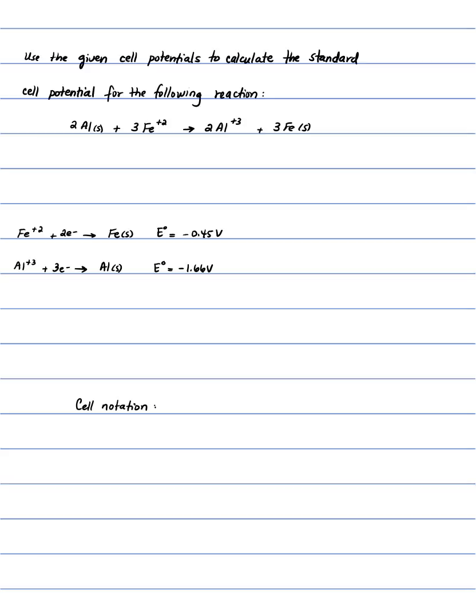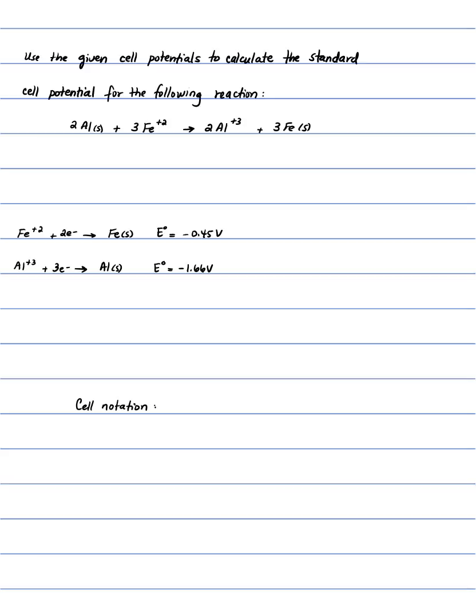So you can be given the half reactions for you to calculate the cell potential, or you can be given the overall reaction and you have to use that one to calculate the cell potential. So in this example, you have an overall reaction.